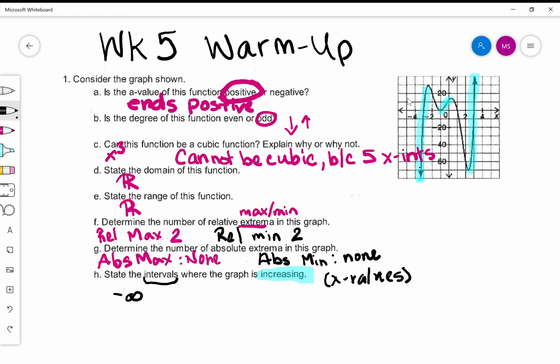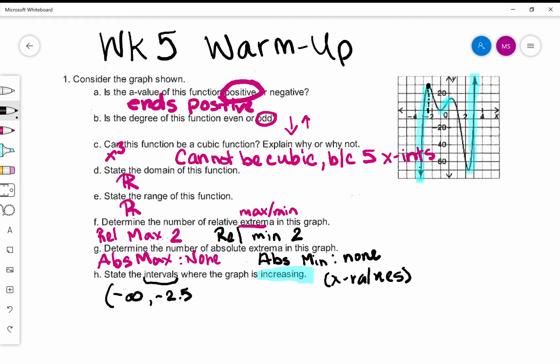Again, it's an open circle because we cannot tell what the exact number is for infinity. Okay, and then it keeps going and it keeps going, and then it hits this point right here. So that x value, if we bring it on down, is between -2 and -3. So for the sake of our lives, we're just going to name that -2.5.